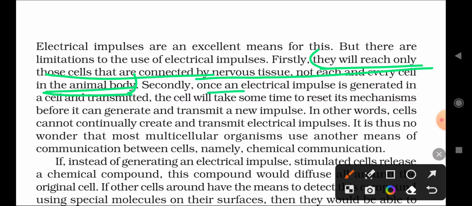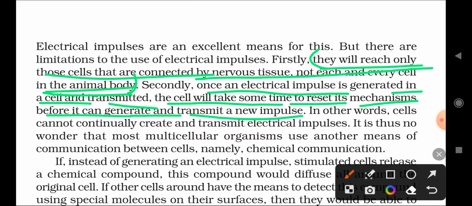Second, once an electrical impulse is generated in a cell and transmitted, the cell will take some time to reset its mechanism before it can generate and transmit a new impulse.